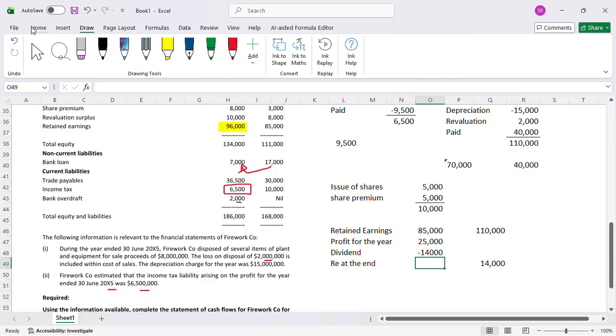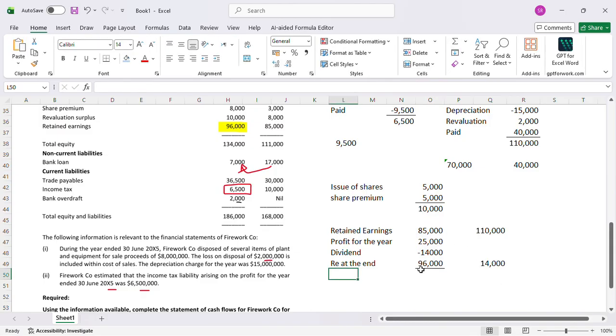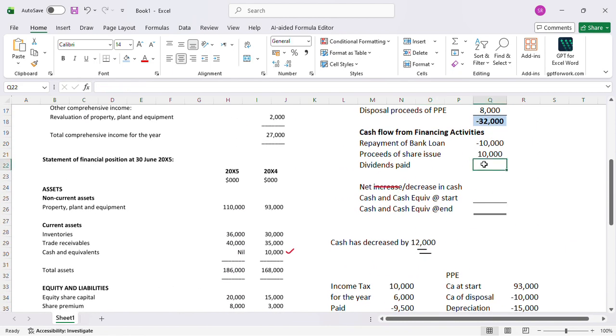So let's add all of these together, and there you have it, 96,000, which means this company must have paid dividend of 14,000. Now let's have a subtotal here. And again, I will put that in blue for our subtotal.